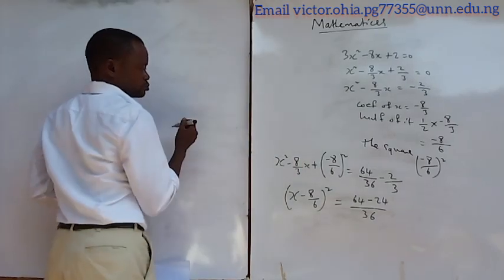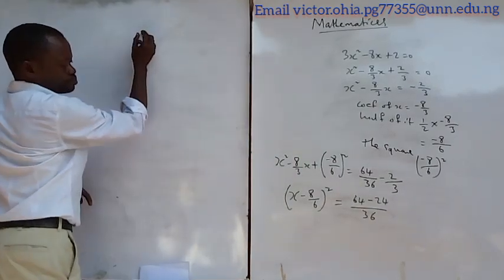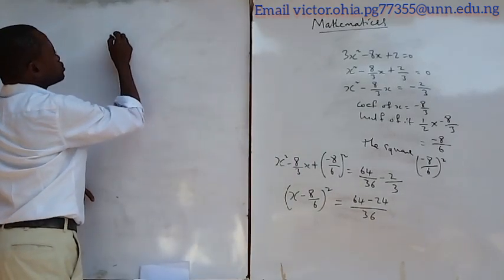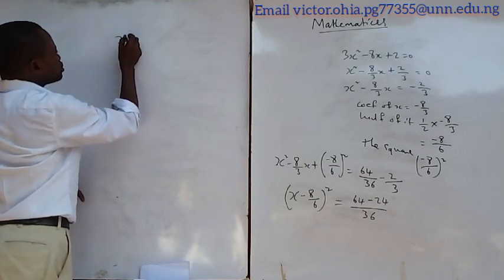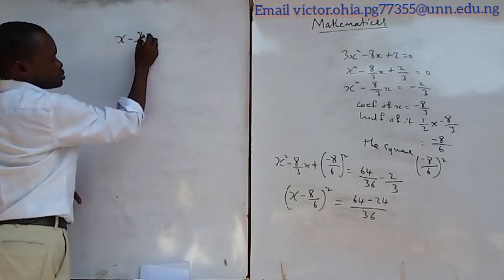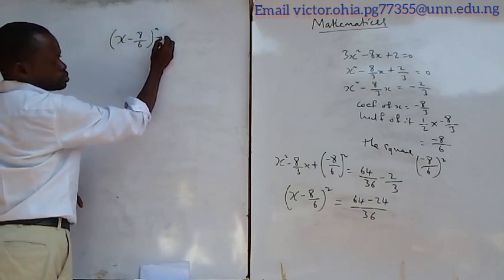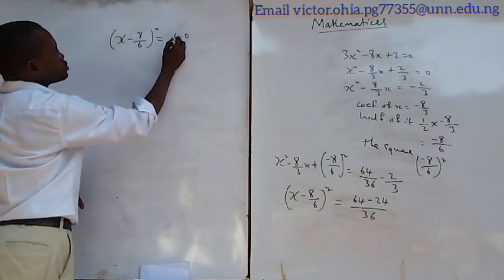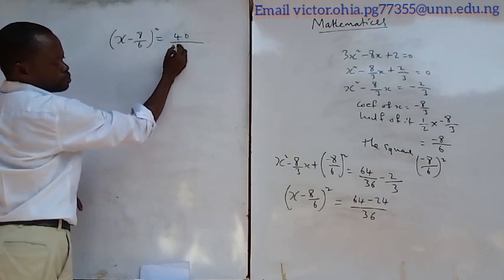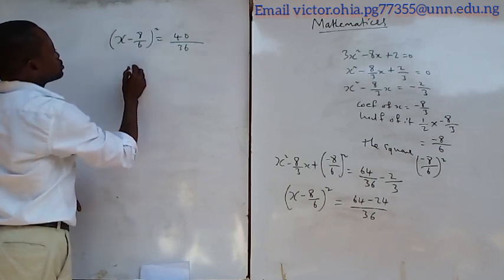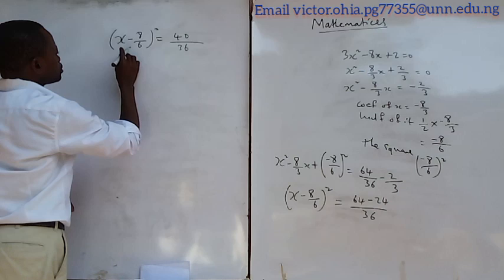I will now have x minus 8 over 6 squared equals to 64 minus 24 will give us 40 over 36. So I will take the square root of both sides and clear this.